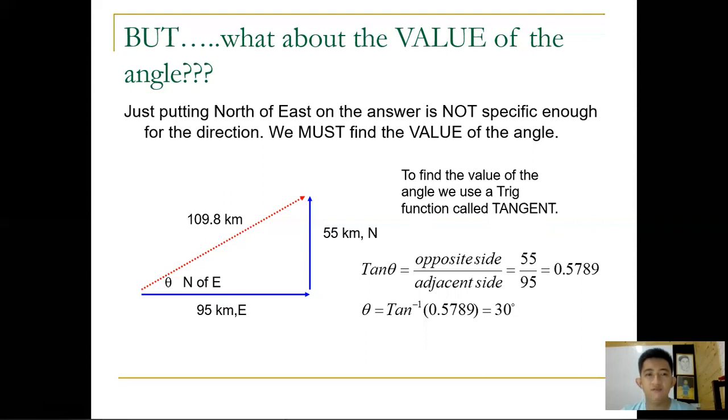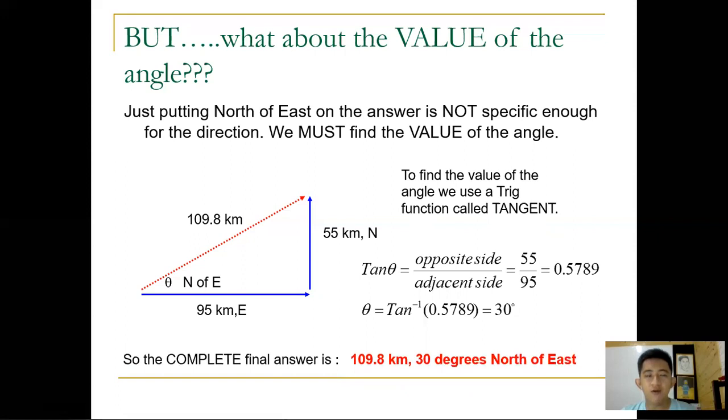So we need to have arc tangent, tangent -1, multiplied to 0.5789, which is equal to 30 degrees. So to complete our answer in this example, it will be 109.8 kilometers, 30 degrees north of east.